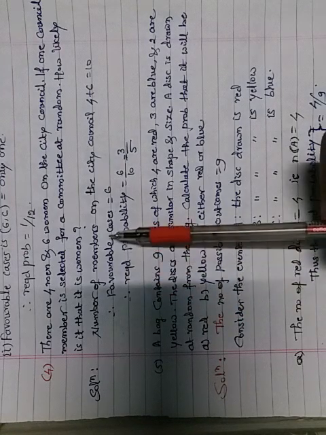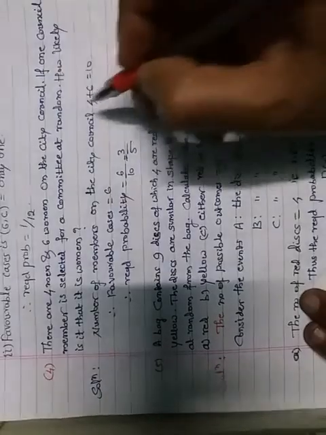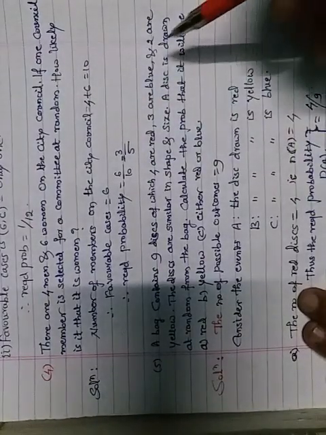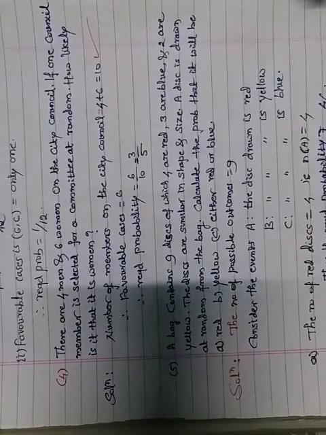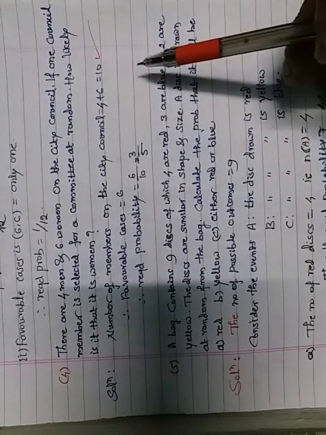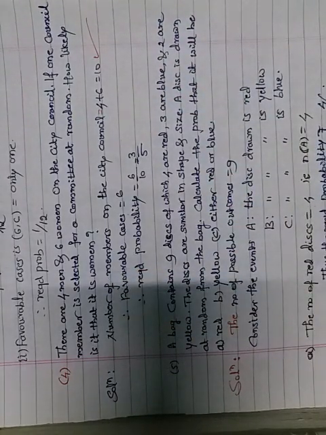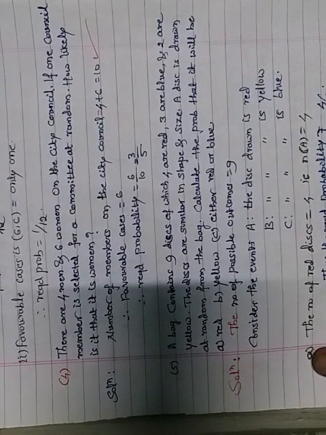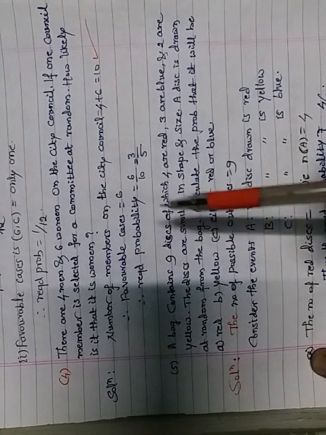Therefore, the total number of members on the city council is 4 plus 6, which gives 10. Favorable cases equal 6, because the question asks how likely it is that the member is a woman, meaning one of the 6 women can be selected in 6 ways.